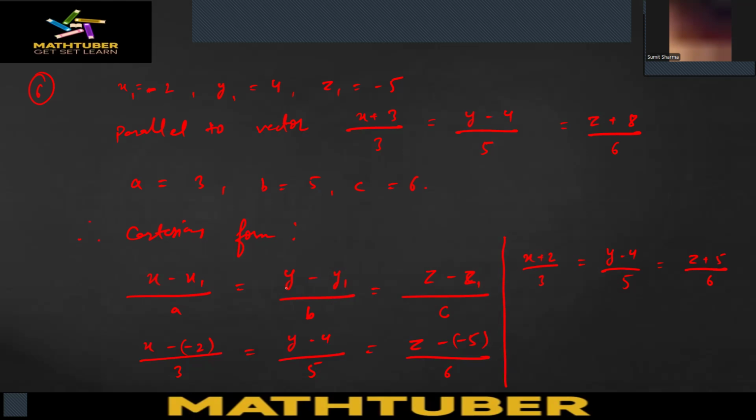Now, in the seventh question, as you can see, we are given the Cartesian form and we have to write it in the vector form. So that's the easy question. In the Cartesian form, all the three are equal, so we just take it equal to lambda, because it must be equal to some constant. So this is (x minus 5) upon 3 is equal to (y plus 4) upon 7 is equal to (z minus 6) upon 2.